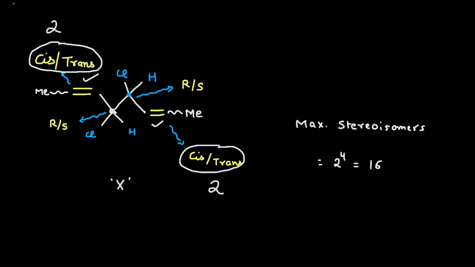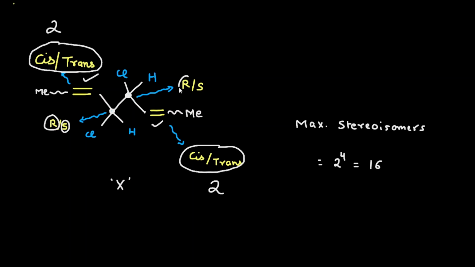This is a chiral carbon, and the chiral carbon can give rise to two different three-dimensional configurations. In terms of conventional names, you can call one configuration R and the other S. Similarly, this chiral center can also give rise to two different configurations.